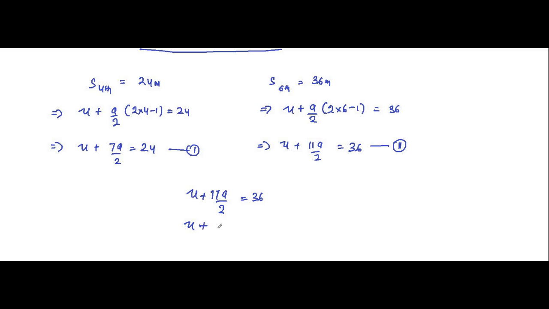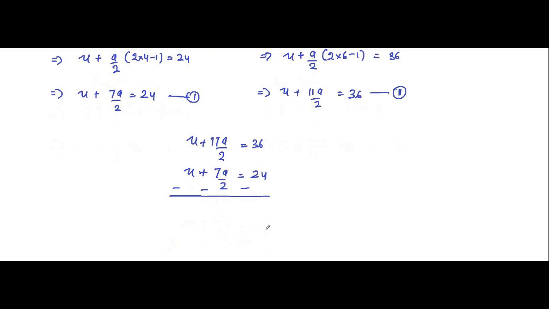And this is u plus 7a by 2, which is equal to 24. Minus, minus, minus, so u gets cancelled. This becomes 4a by 2, which is basically 2a, and this is equal to 12. That implies the acceleration is equal to 6 meters per second square. That is the acceleration. Initial velocity, using any of these equations we can determine.